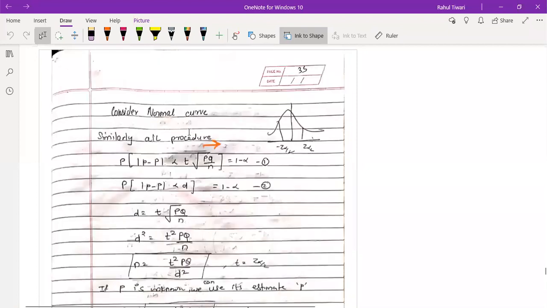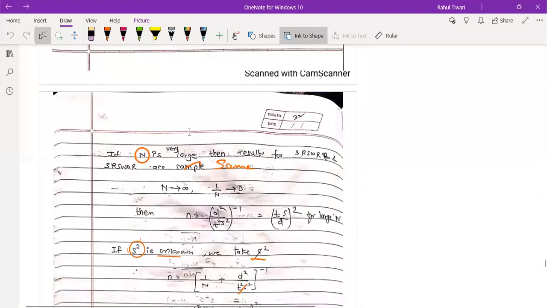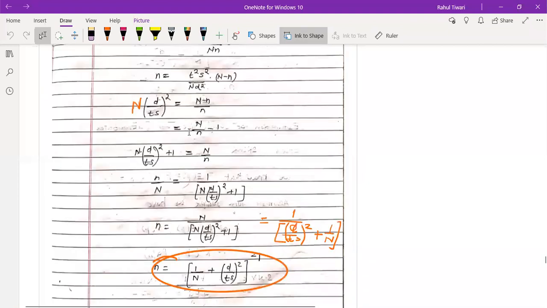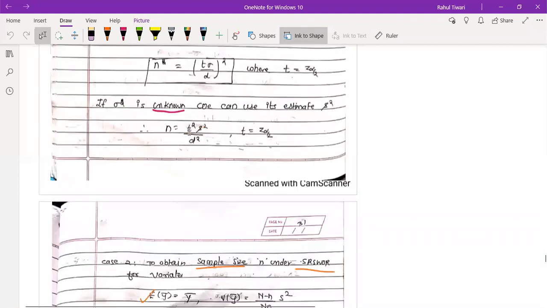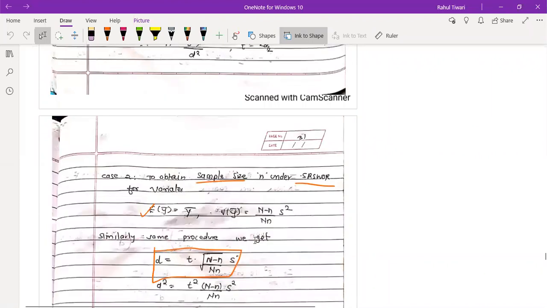See, the procedure for SRSWR and SRSWOR is exactly same. The only thing is that I am just changing the variance quantity here. The variance quantity changes, the whole derivation is exactly same. Nothing is changed. Even the procedure is again same.